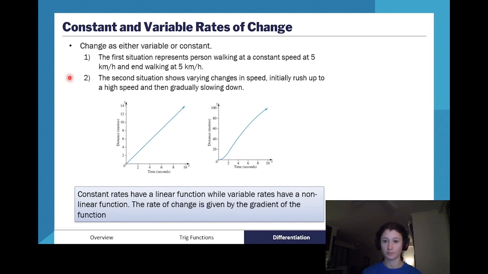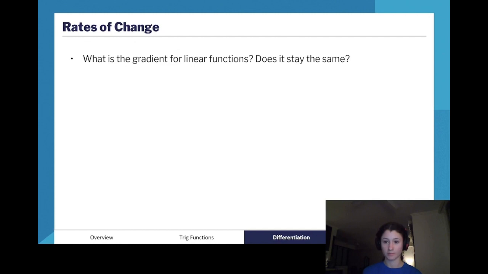So, let's move on. What is the gradient for linear functions? Does it stay the same? So the gradient for linear functions is constant. And this is why, when we're looking at the equation for a linear function, y equals mx plus c, our gradient is just m.